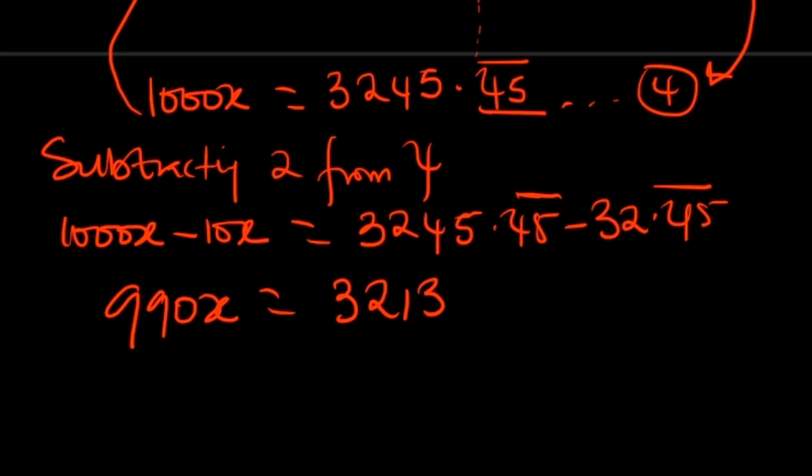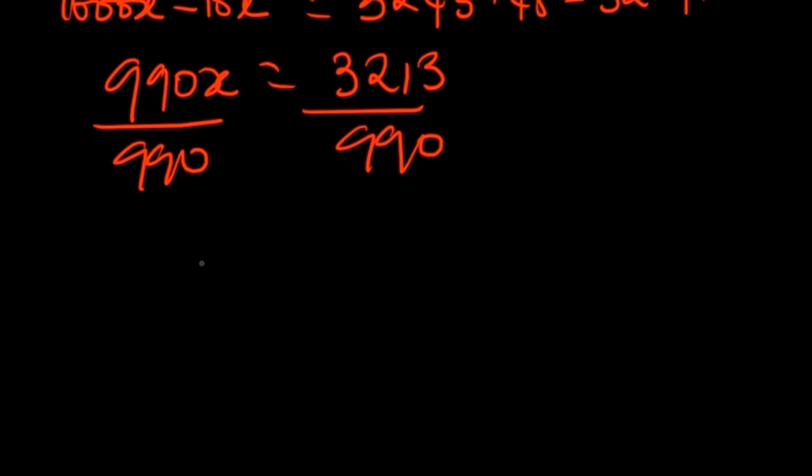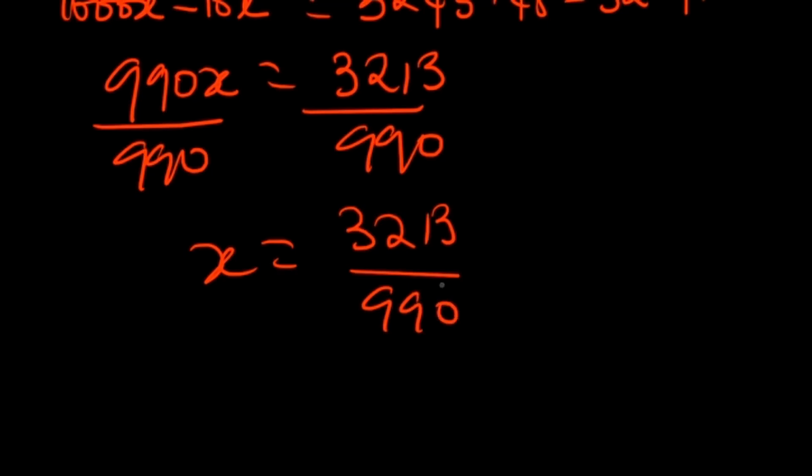Now, the next thing that we're going to do is to divide both sides by 990 and solve for x. Let's do that. We divide by 990, divide the other side by 990. So we can now say that x is equal to 3213 divided by 990. But the question right here is, is this fraction in its lowest term?